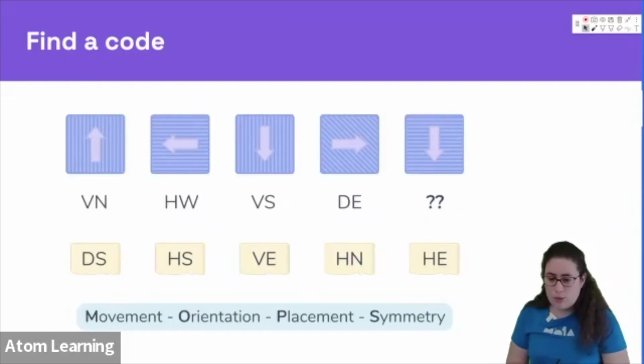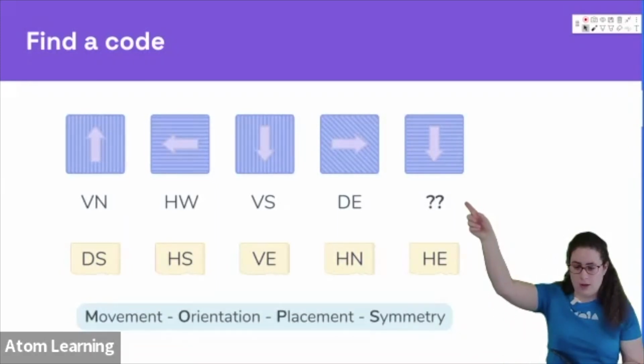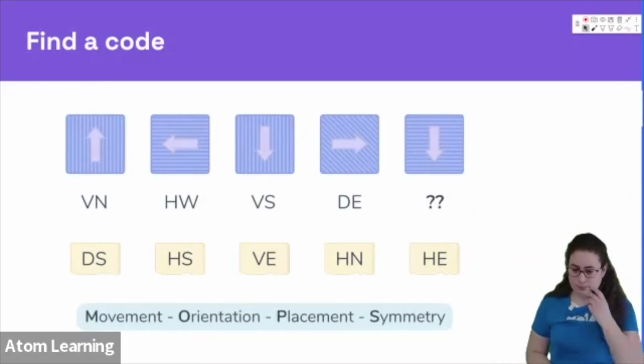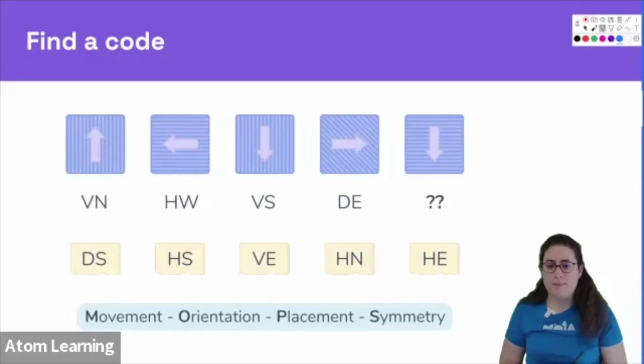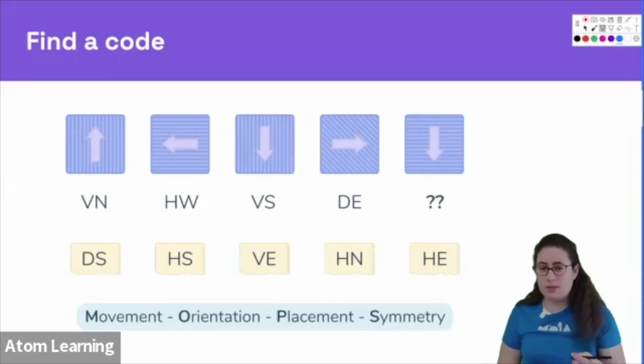Tell me, which one do you think is the right code for this final symbol here at the end? Okay, we can start solving it together. So what is different about these 5 images on the screen here? We can use the MOPS mnemonic. Is there any movement? Not really. Is there different orientations?